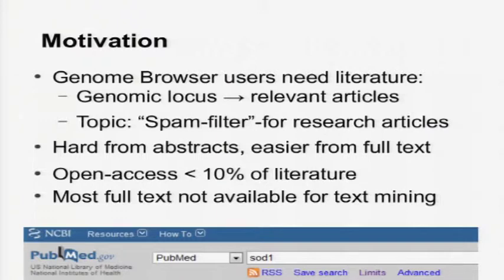So usually they come from a genomic locus. They might have a gene of interest, but they still have their own topic of interest. And here comes in the triage aspect that MGI has. They have a topic. They're either clinical researchers, biologists, biochemists, other flavors of biologists, and they have their topic of interest.